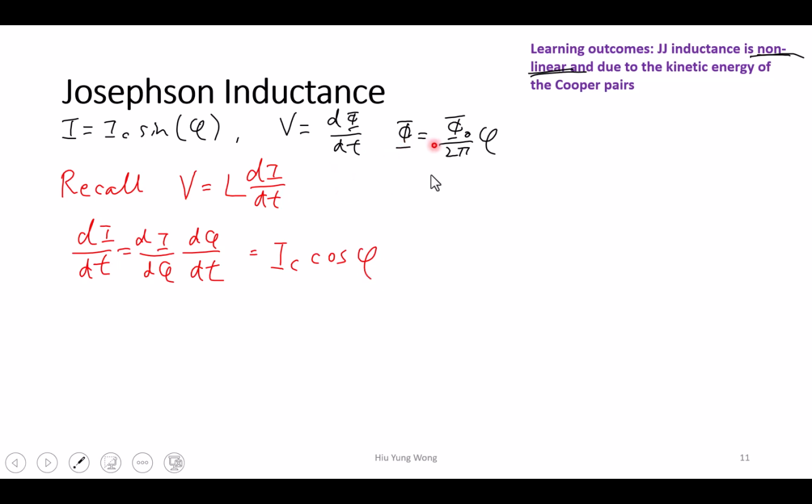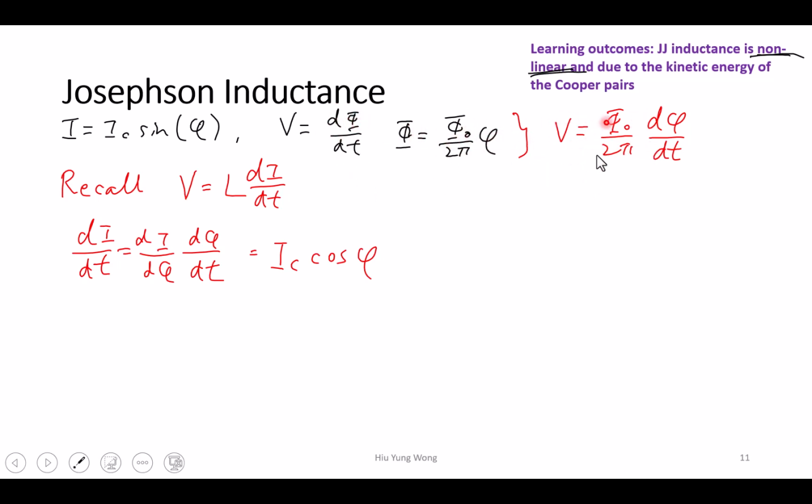Okay, this is also easy because I have the second rule. Actually, this one is not easy to see when I try to put that, but I do want you to see the d phi dt. So I just plug in, this becomes phi naught divided by 2 pi times d phi dt. This was the original Josephson junction equation, but I deliberately put this into the phase, so I have a flux.